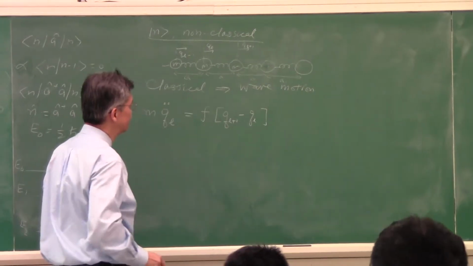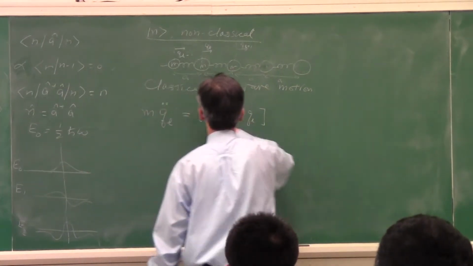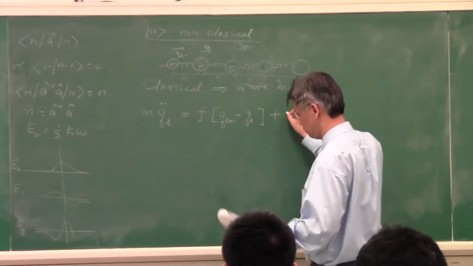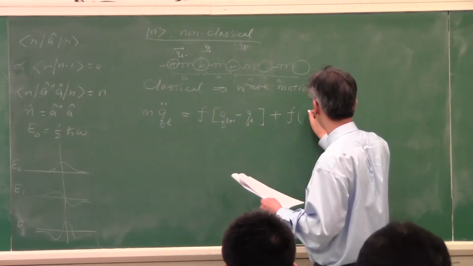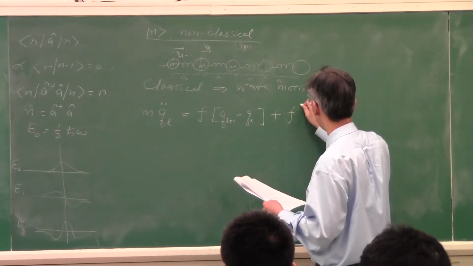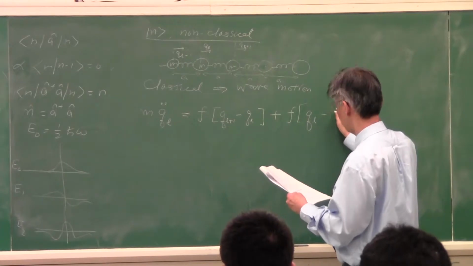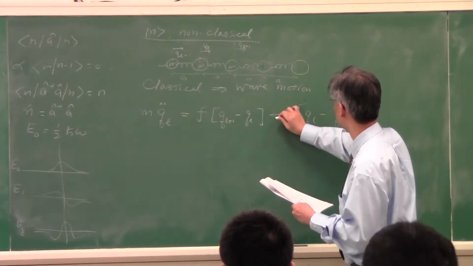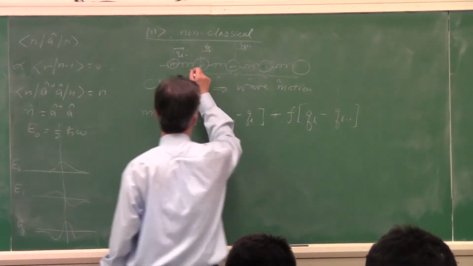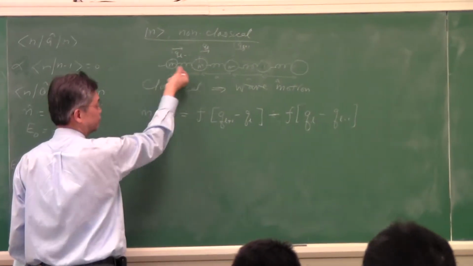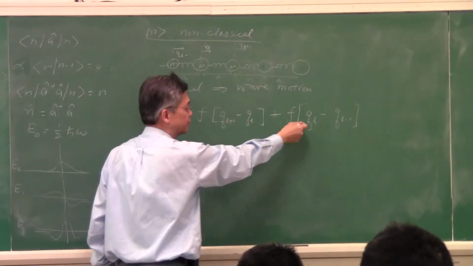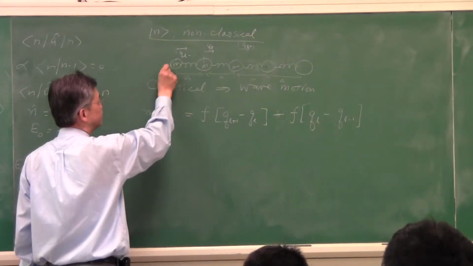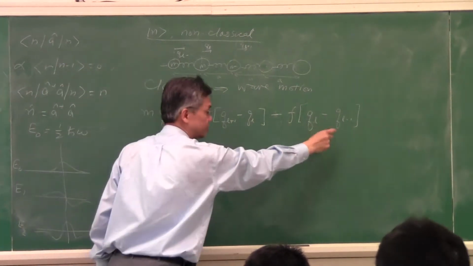it's going to feel the force from the neighboring one, so you will have F times (q_l minus q_{l-1}). There should be a negative force here, because if this moves in the q_l direction, then there will be a negative force pulling it backward. And for q_{l-1}, if this pushes in that direction, it will give a positive force.